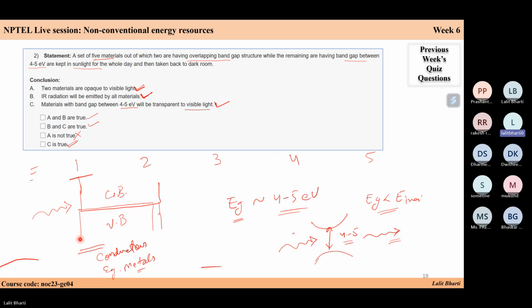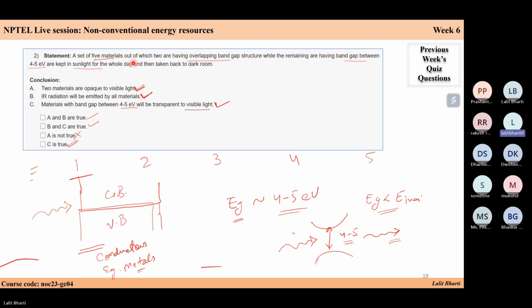We already discussed why the metals are shiny or why the metals are non-transparent, the reason behind why they are shiny and why they are not transmitting light. So these two conductors or these two metals will be opaque in the visible light. So A is correct.